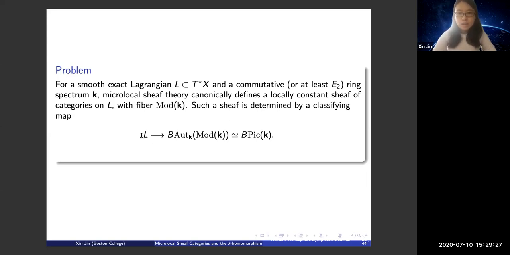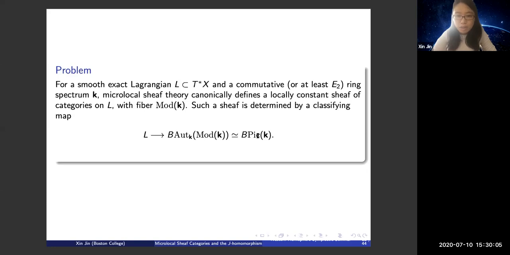It is determined by a classifying map from L to the classifying space for the K-linear automorphisms of mod K. This is equivalent to the delooping of the so-called Picard group of K. Maybe just a few words about this Picard group of K. This is a so-called infinity group.